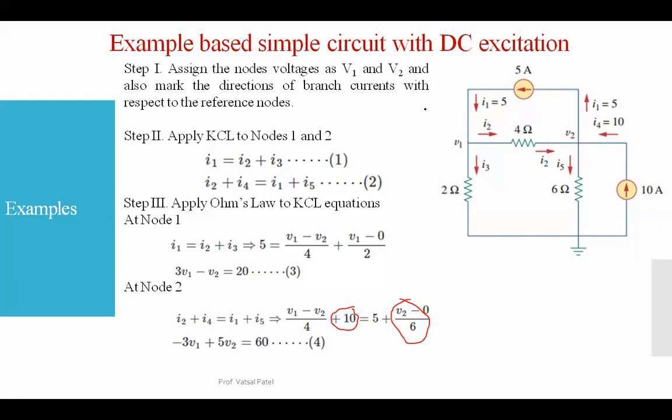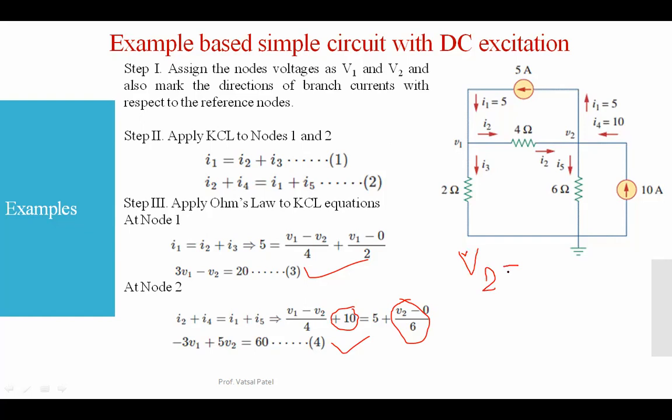When you directly add equation number 3 and equation number 4, 3V1 minus 3V1 will cancel out. So it is minus V2 plus 5V2, so 4V2 is equal to 80. So what is the value of V2 now?